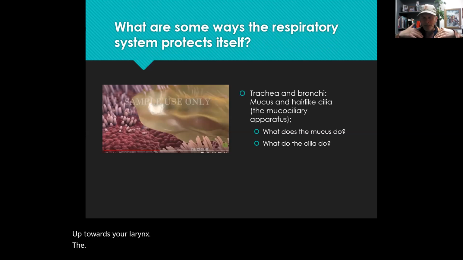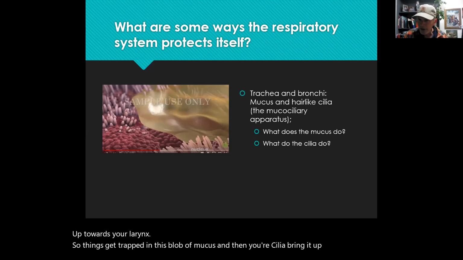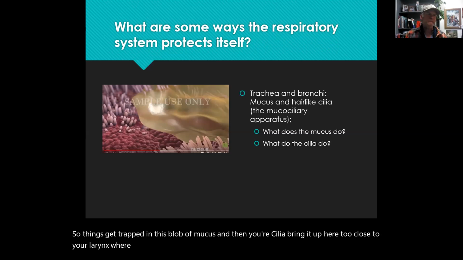So things get trapped in this blob of mucus, and then your cilia bring it up close to your larynx, where you can then go and spit it out.